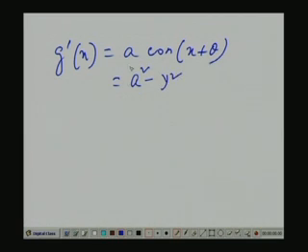Very simple. Y is a sin x plus theta. This is a cos x plus theta. If you square them up and add, you get a square, which means this is nothing but a square minus y square.